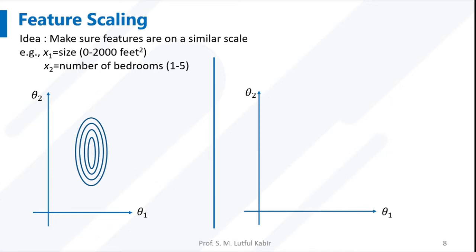That's why, in order to compensate for x2, theta 2 becomes very high. That's why these ellipses in the contour diagram are a vertical steep shape.